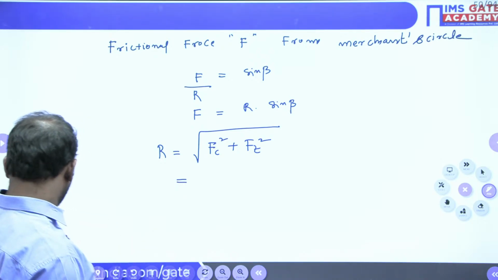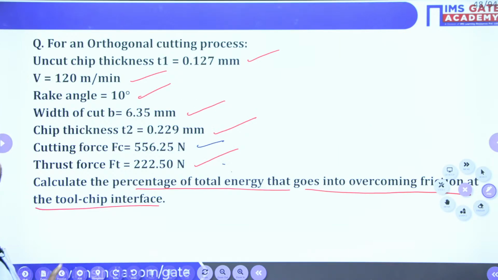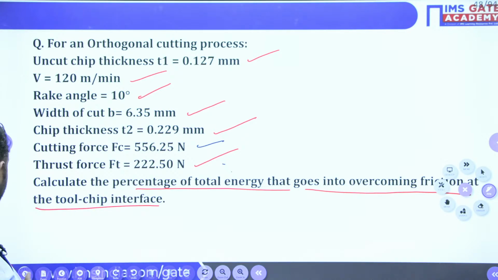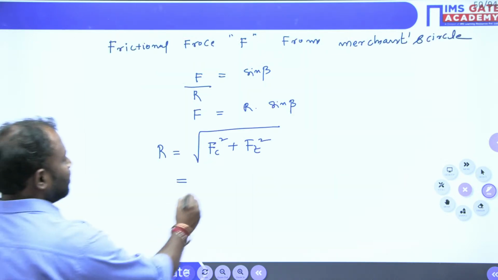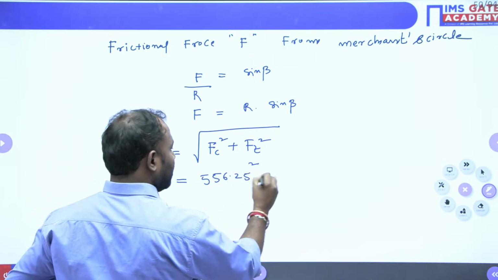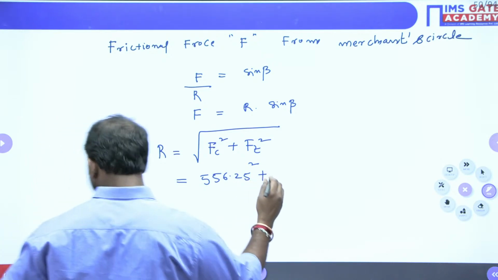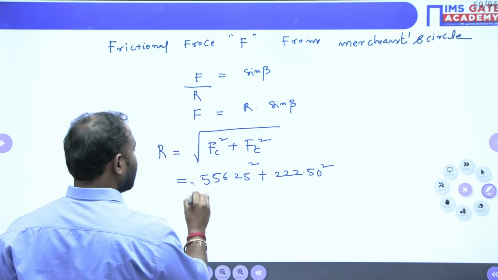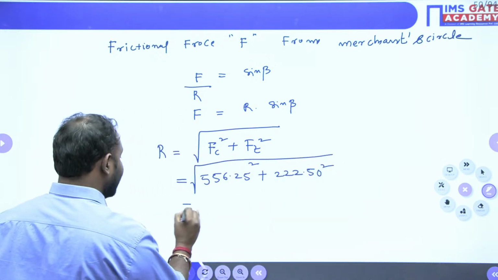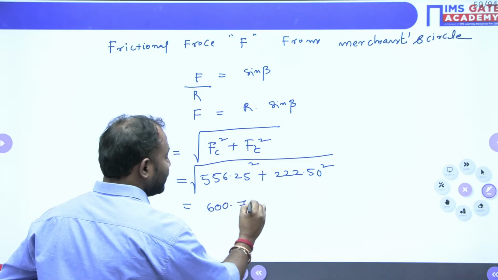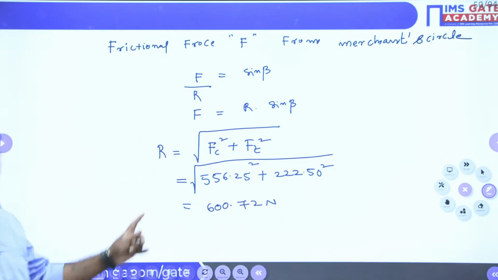Friction cutting force is 556.25, so 556.25 square plus 222.50 square under root. If I solve this, I am going to get R as 600.72 newtons.